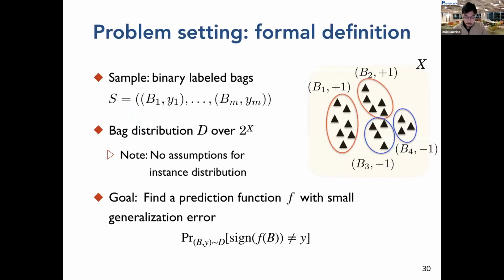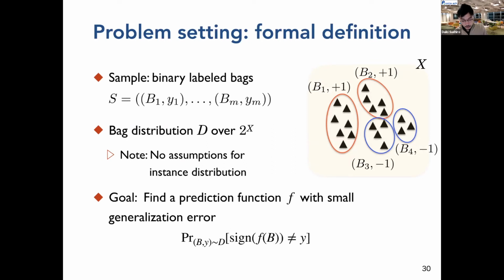Okay, here we show the formal setting and generalization error bound. And this is a formal definition for the multi-instance learning problem. And the sample is given as a set of labeled bags, and each bag is identically and independently distributed according to some unknown distribution, D, over the power set of instance space, X. And note that there are no assumptions for instance distribution.